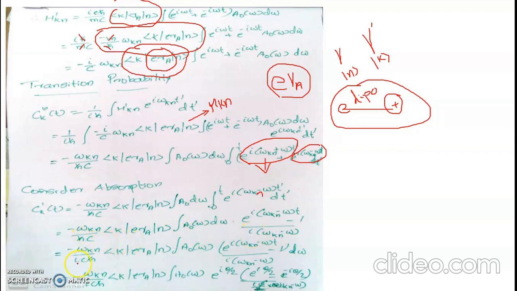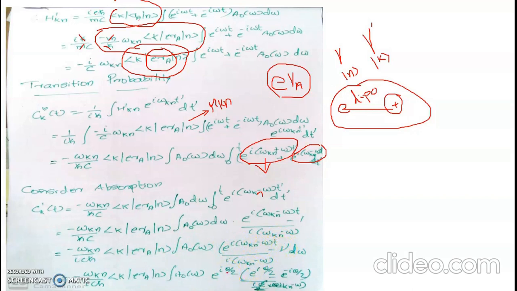Minus omega kn by iħc scalar product k e r i k tn, integral a0 of omega e raised to i into omega kn minus omega into t minus 1 by i into omega kn minus omega d omega. Now what we do is that we take e raised to i into omega kn minus omega by 2 outside.